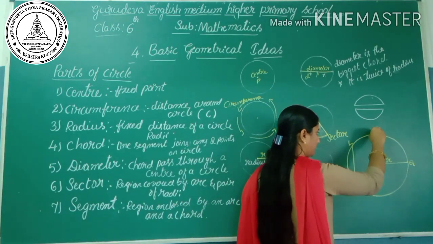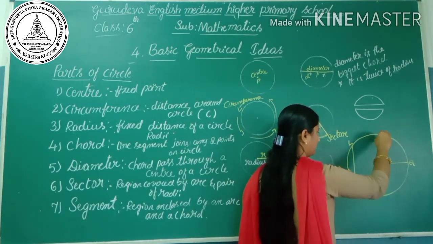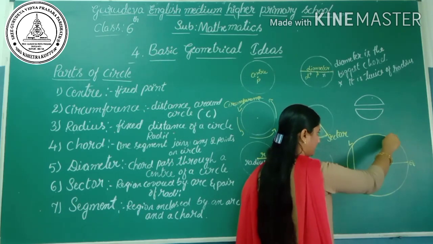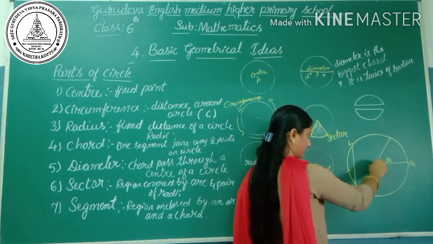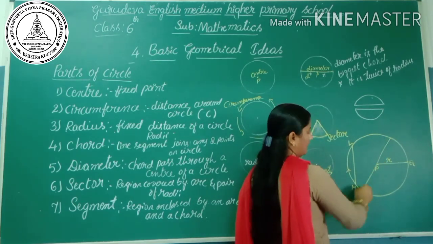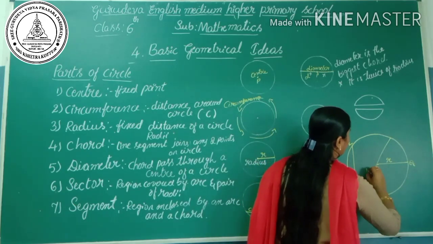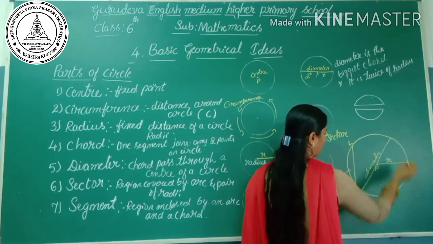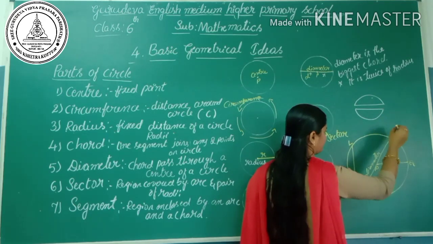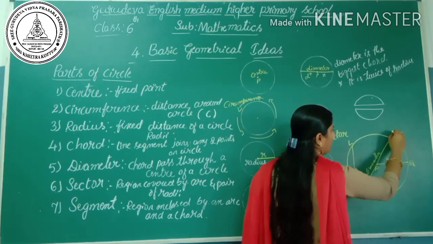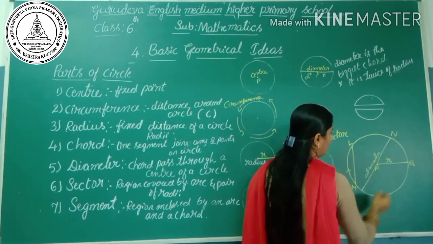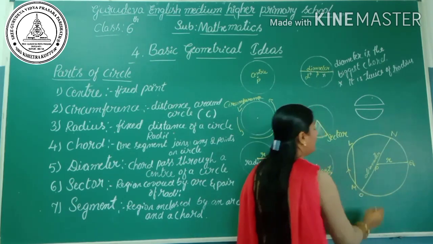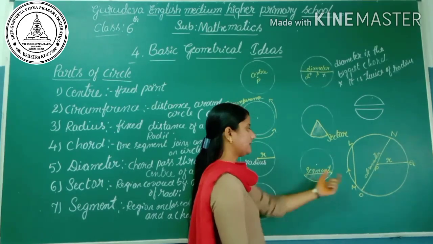I will mark here the center of a circle. Yes, it is a diameter. So M, N and O are the diameters of the circle.